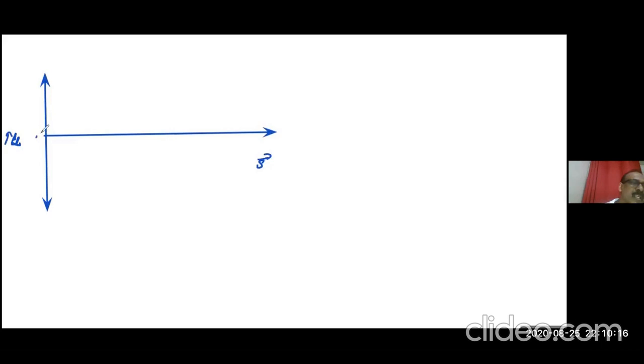This is 0, 10, 20. Sir, the y-axis is force. This point is 15, the middle.